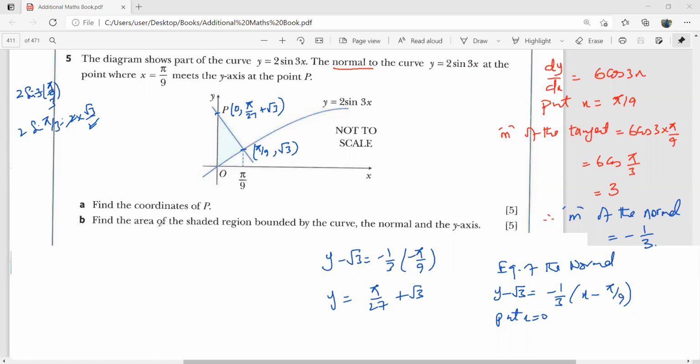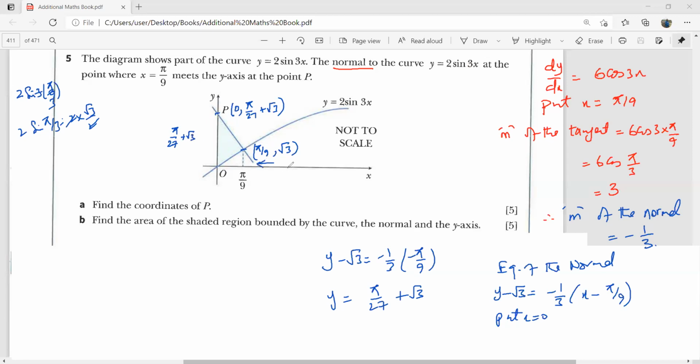Now it says find the area of the shaded region bounded by the curve, the normal and the y-axis. Okay, we can easily find the area under this line, this normal, that will be the area of a trapezium, right? You have this side as pi by 27 plus under root 3.